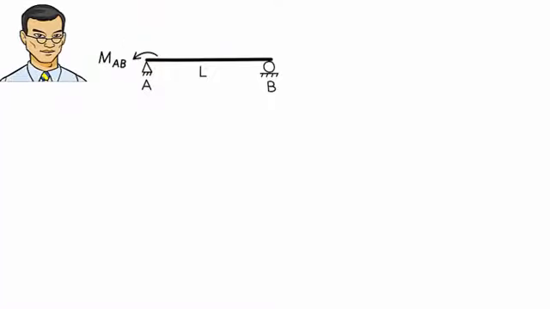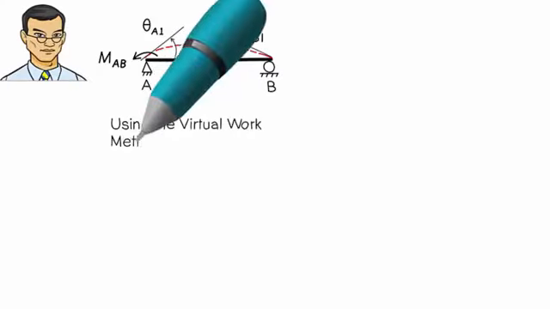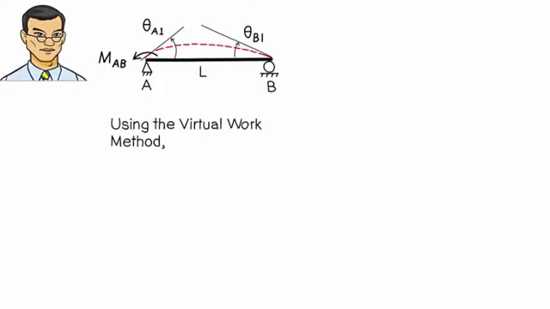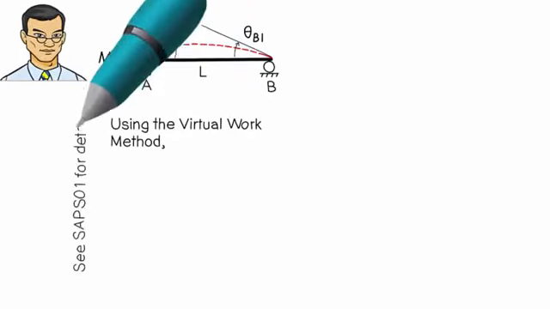I'm going to label the moment MAB. The beam is going to deflect upward. This means end A rotates counterclockwise, but end B rotates clockwise. Let's refer to the rotation at A as theta A1 and call the rotation at B theta B1. We can easily determine these joint rotations in terms of MAB using the virtual work method. The step-by-step details of these computations are presented elsewhere.